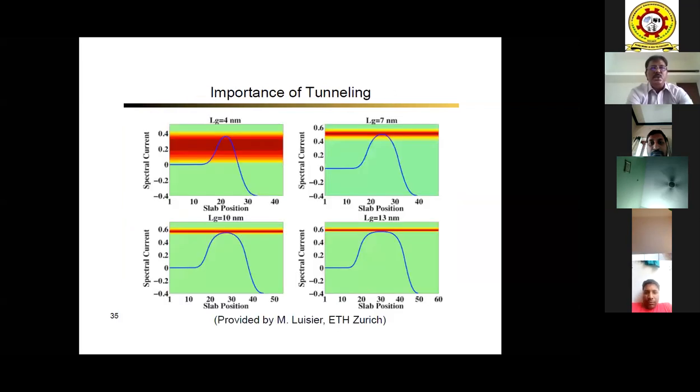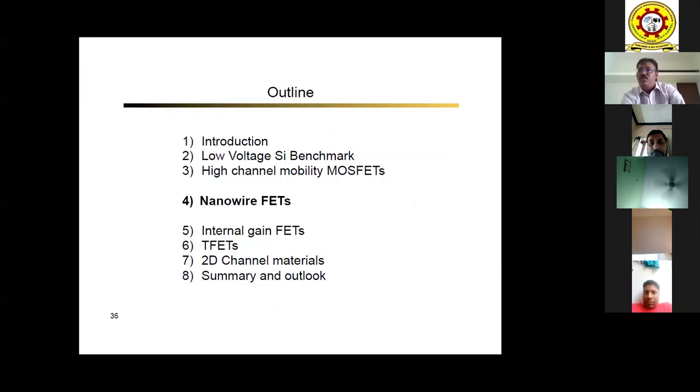So the importance of band-to-band tunneling is shown here, when your gate length is 4 nanometer, 7 nanometer with respect to different technology nodes, 10 nanometer, and here is 13 nanometer, and so on. And this tunneling we will see in more detail when it comes to the TFETs. Okay, so the next one is the nanowire FETs.